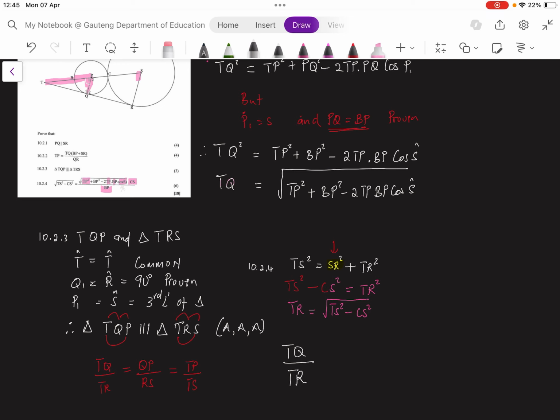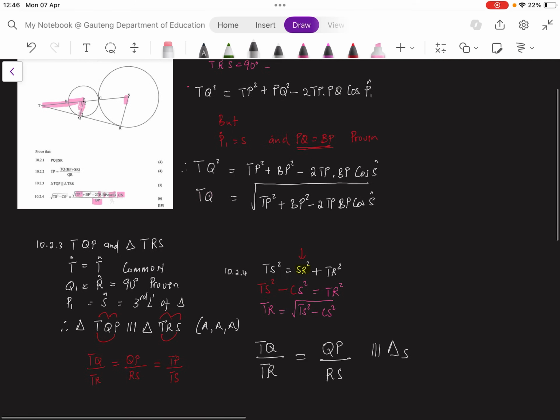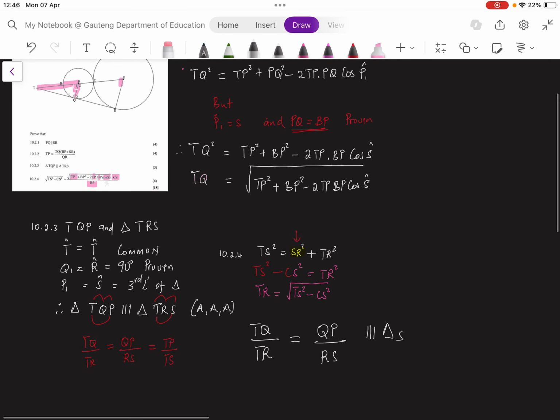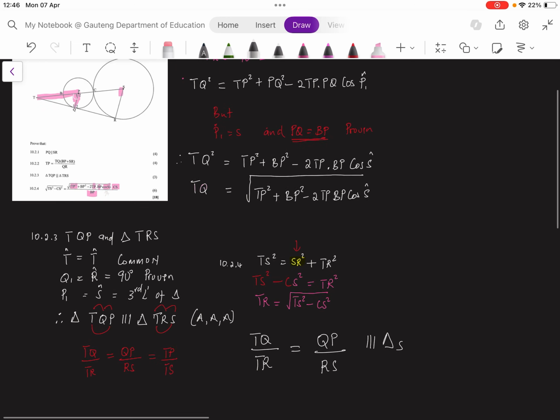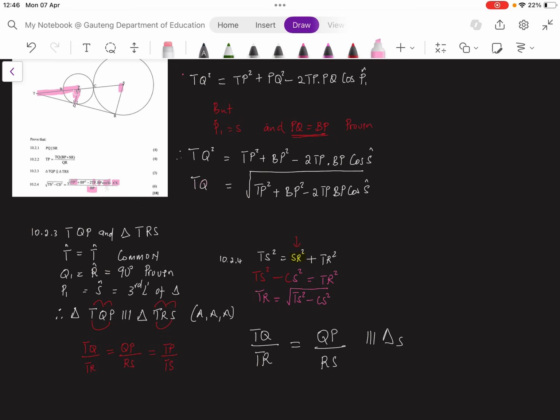So we need to go back and say, remember that TQ over TR is equal to QP over RS. Why? This is coming from similar triangles. And now from here, TR is the subject of the formula.